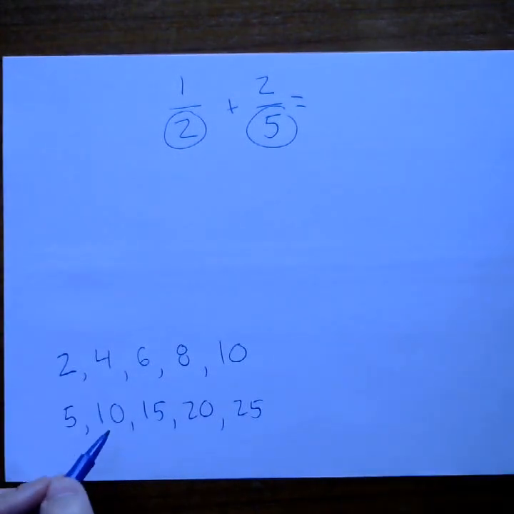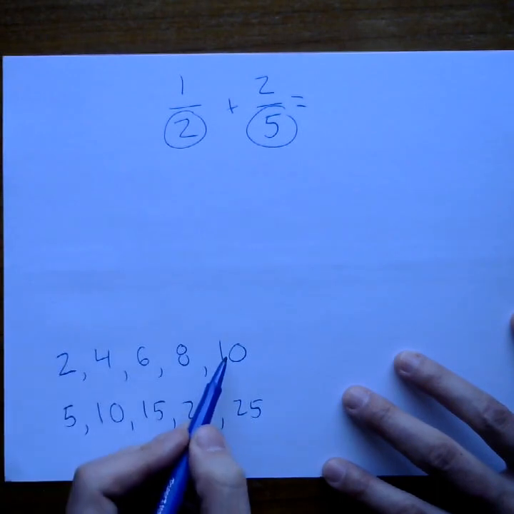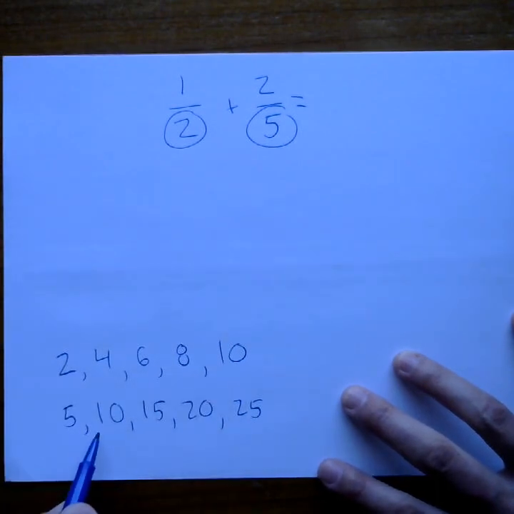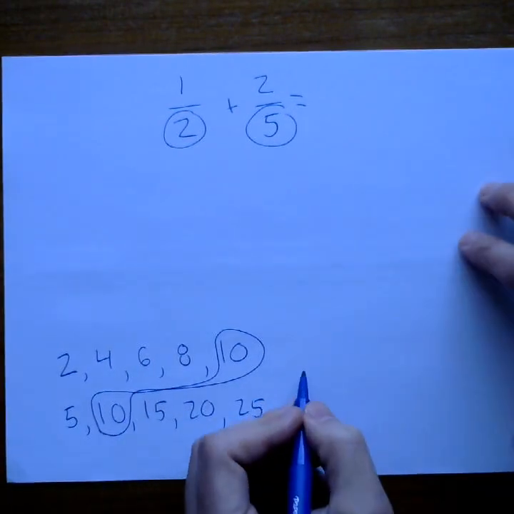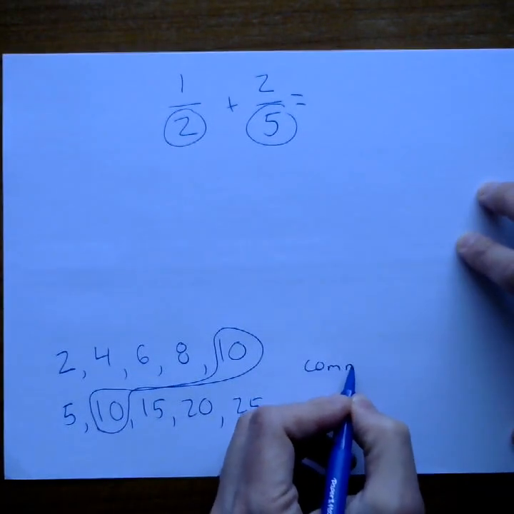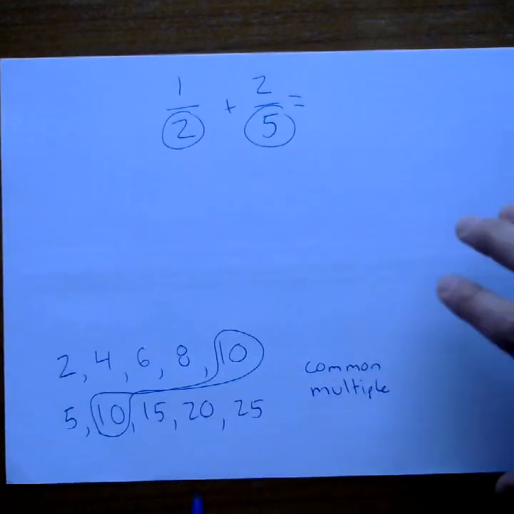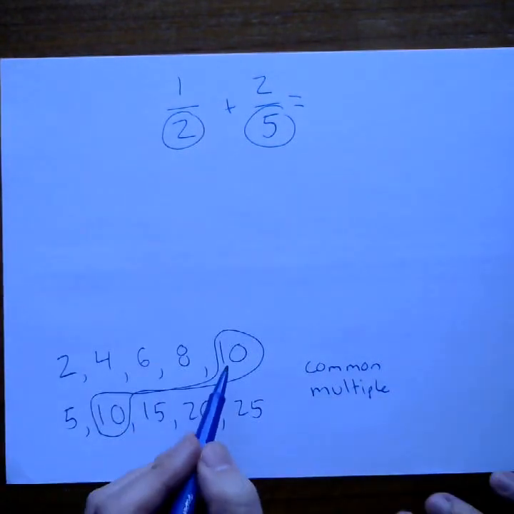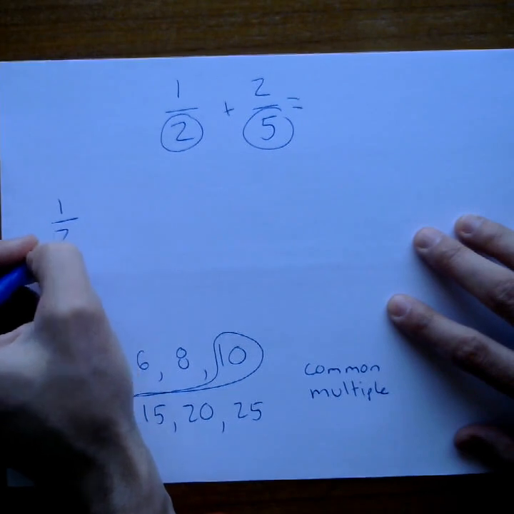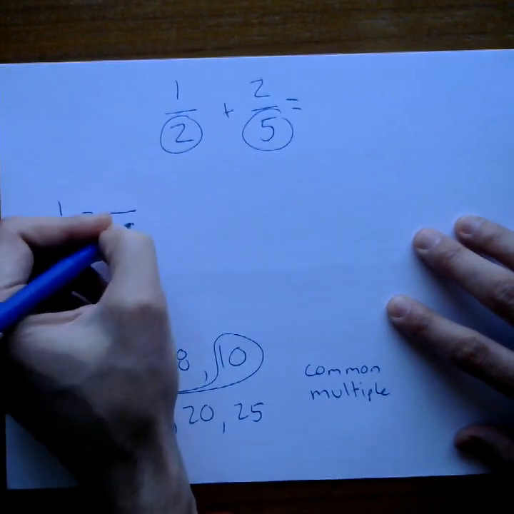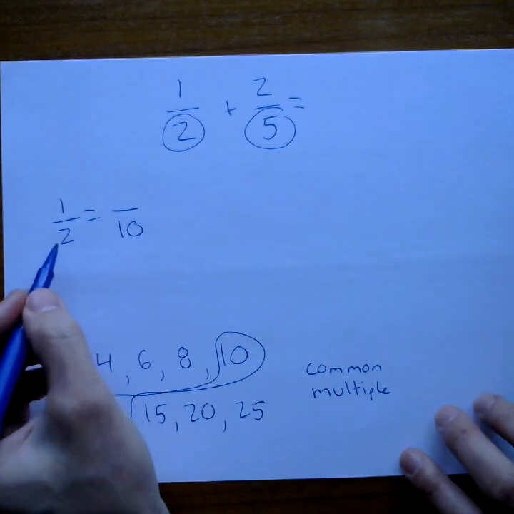Now, if I look at my 2 lists, I see that, hey, I can make halves into tenths, and I can also make fifths into tenths. They have that common multiple. So if I make both these fractions into tenths, I'll be able to add them. So now, how do I do that? How do I figure out how many tenths 1/2 equals?